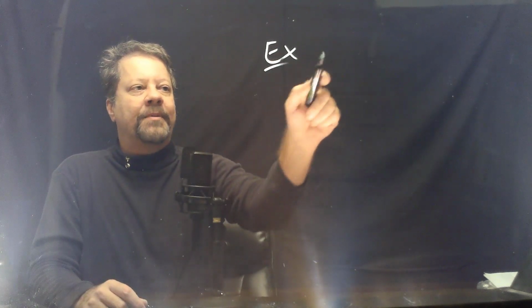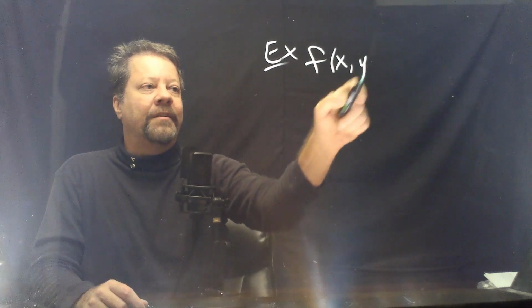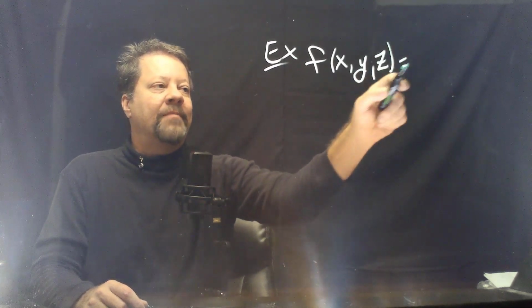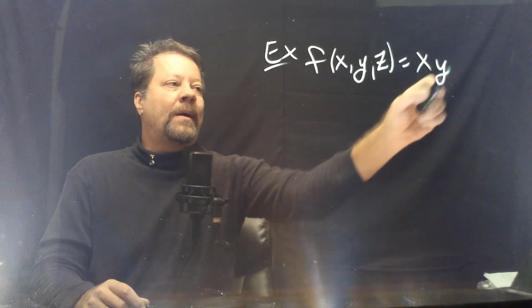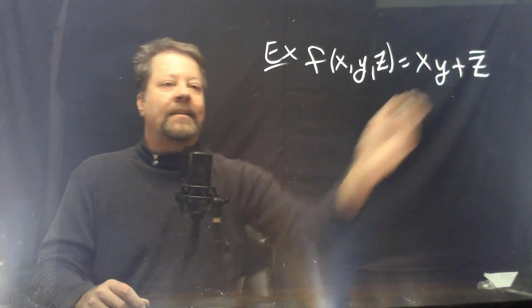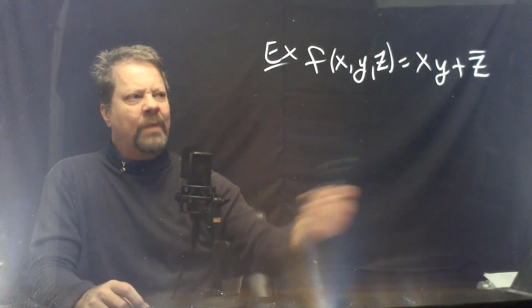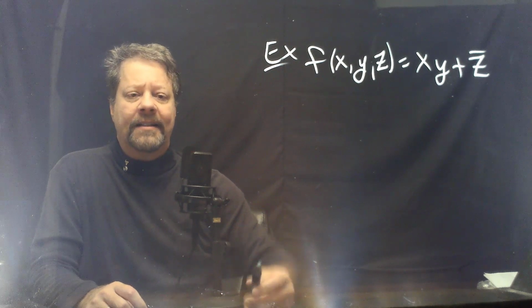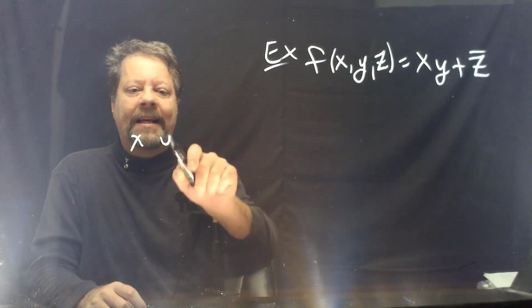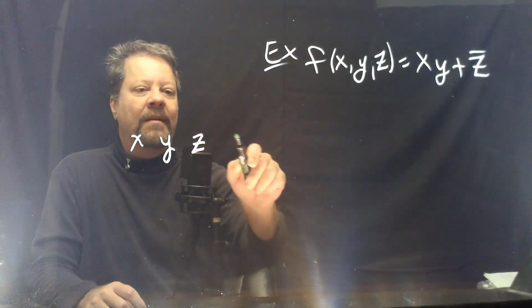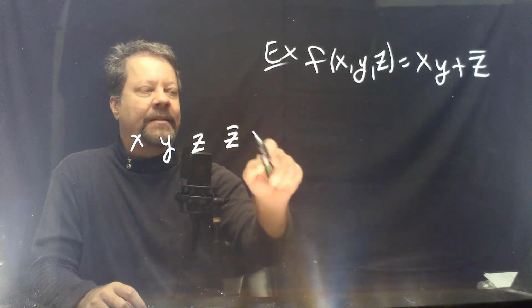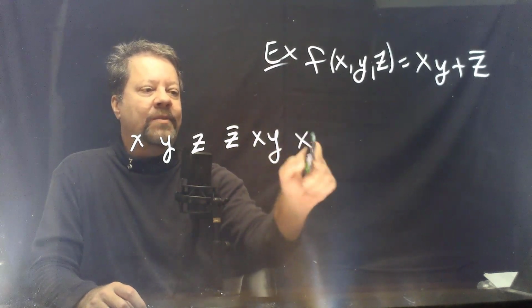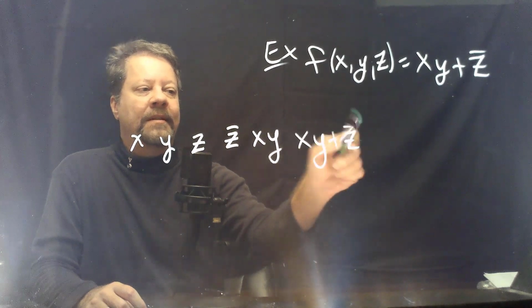For another example, suppose we have the Boolean function f of xyz equals xy plus z complement. What will the n cube look like in this case? Well, we're going to need to have our table. We're going to need z complement, xy, and then xy plus z complement.